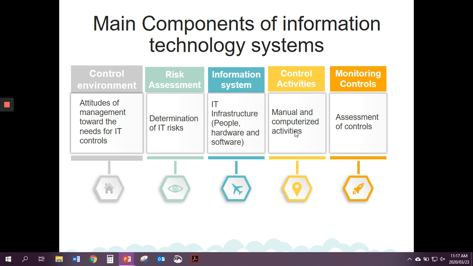Why do I say we were dealing with the peripheral? Because first we spoke about the control environment, which is very high level. What are people thinking? What are people saying? That sort of stuff. Then we said, how is management looking in and finding the risks? Then once management has done that through the risk assessment, does management provide the necessary resources to the right people? So is there the correct hardware and software?